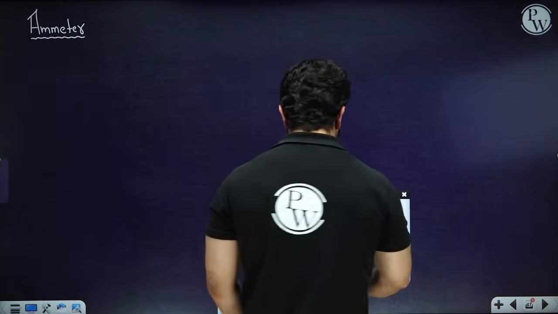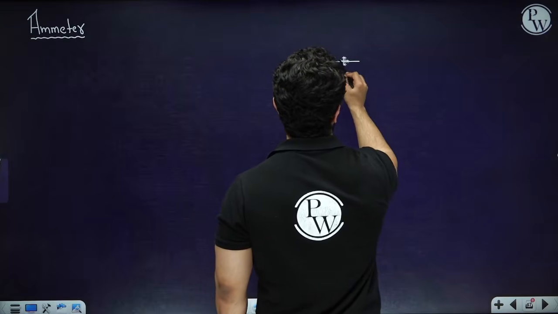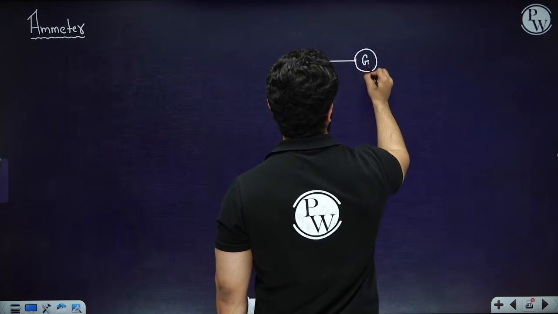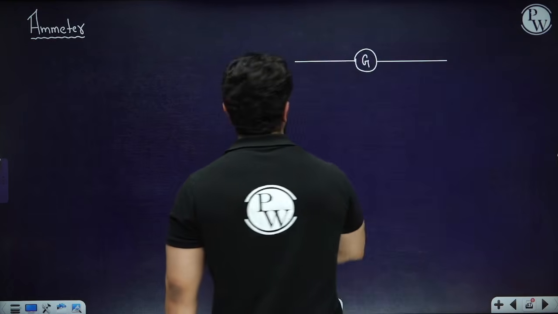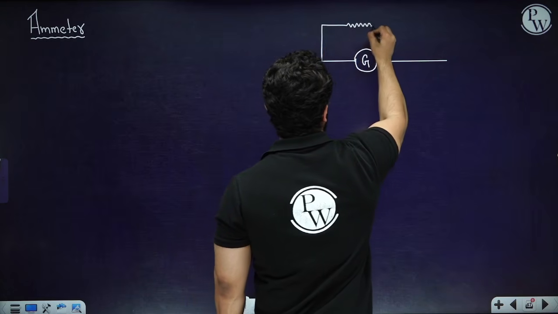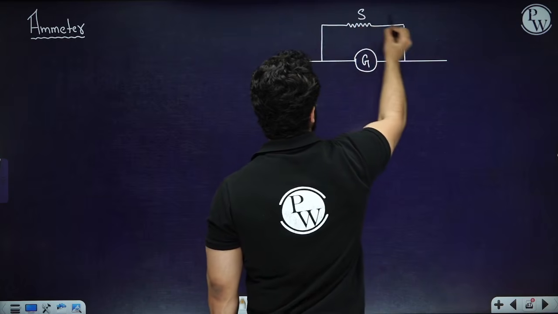So we have a galvanometer something like this. We are going to connect a very low resistance wire, also called a shunt, in parallel.